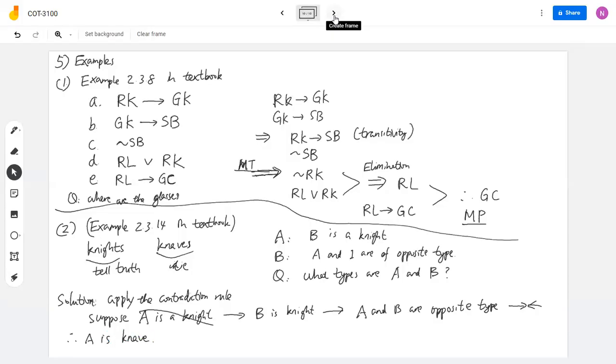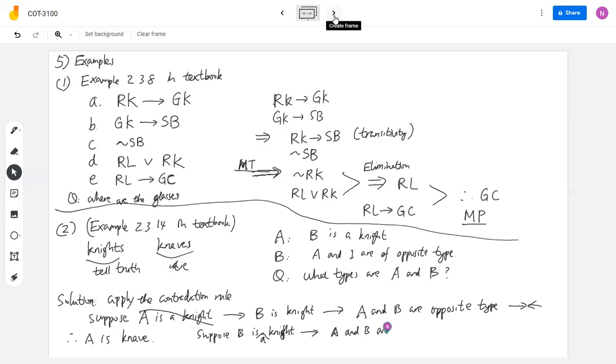Then similarly, suppose B is a knight. Then what do we get? Suppose B is a knight, and then what we get is A and B are of opposite type, because B is a knight and always tells the truth.